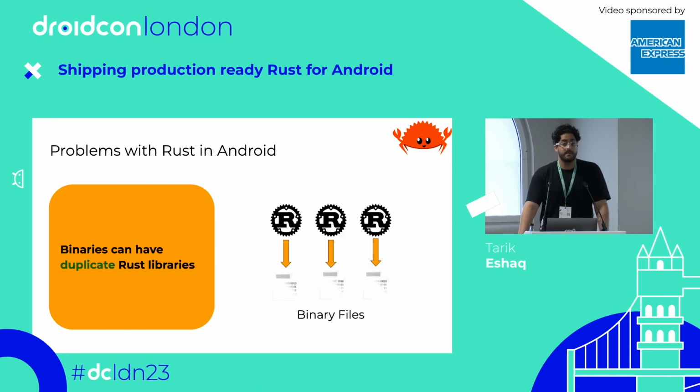At Mozilla, we have multiple Rust libraries. We don't have an individual one. Each of those libraries has their own dependencies, and more importantly, each of those libraries depends on the Rust standard library, which is not trivially sized. If you're compiling each one of those individually, you end up with multiple binaries, with multiple dependencies, and possible duplication. That can bloat your application.